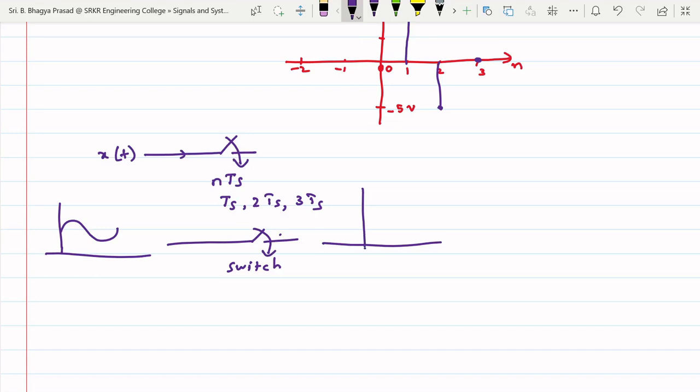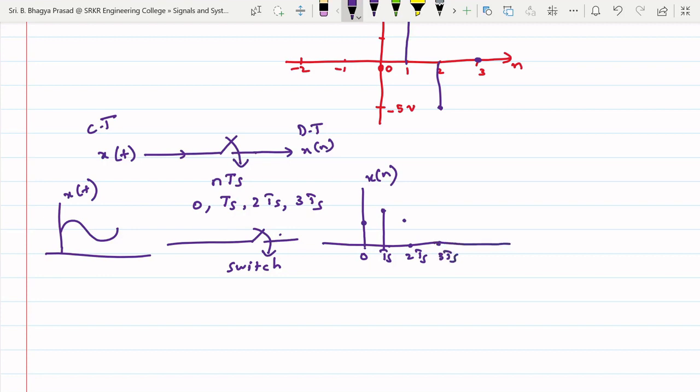and this will be like, at 0, this is x of t, continuous time, and I am getting x of n, your discrete time. At this instant and at Ts, the value will be like this, next at 2Ts the value will be this one, and next at 3Ts the value will be like this one.